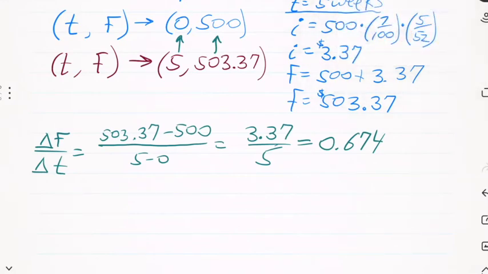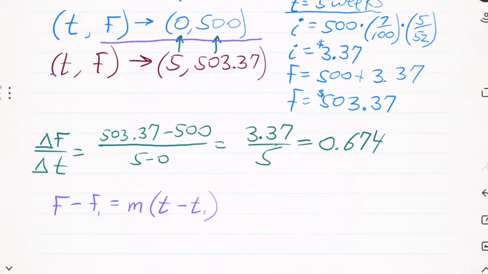So now I can do the equation of a line. And remember, f is in place of y, t is in place of x. So we're going to get f minus f1 is equal to m, which is never going to change, that's the slope, times x, in this case t minus t1, and then plug in numbers. All right, so it doesn't matter what point you choose, but I highly suggest you choose the easiest of the points, which is 0, 500.